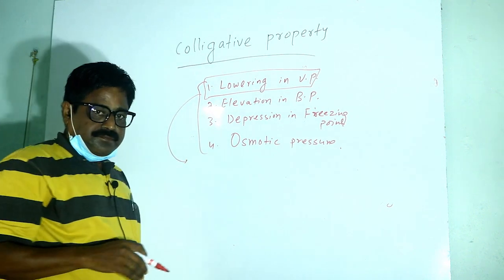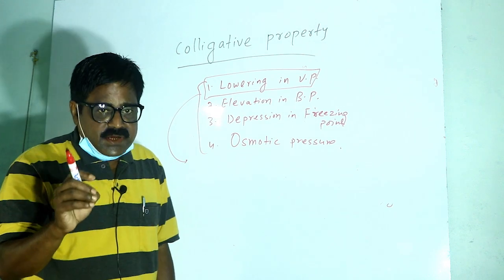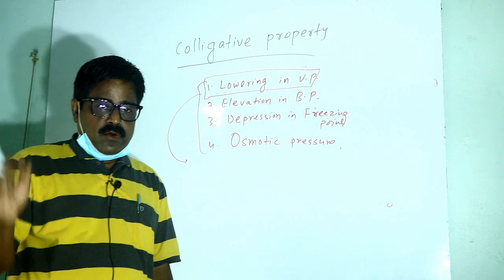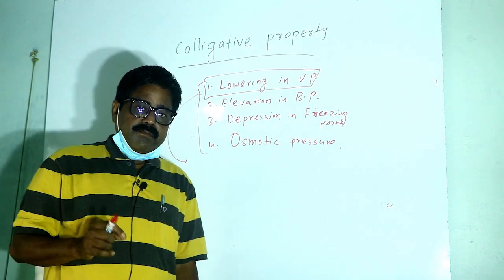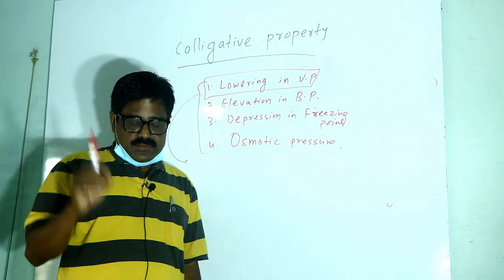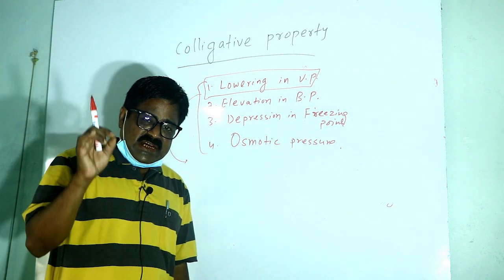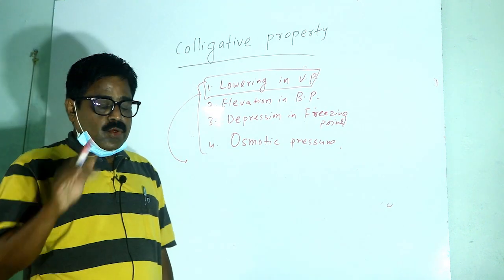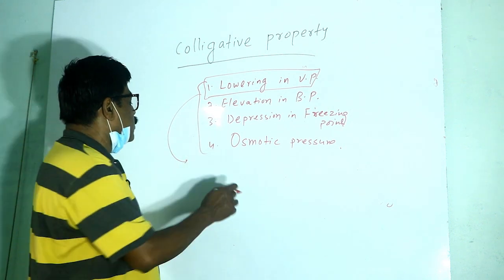In this case, for dilute solution, we are considering that a very dilute solution is regarded as an ideal solution. An ideal solution must obey Raoult's law. So according to Raoult's law, a solution containing non-volatile solute has a lesser vapor pressure than that of the pure solvent.